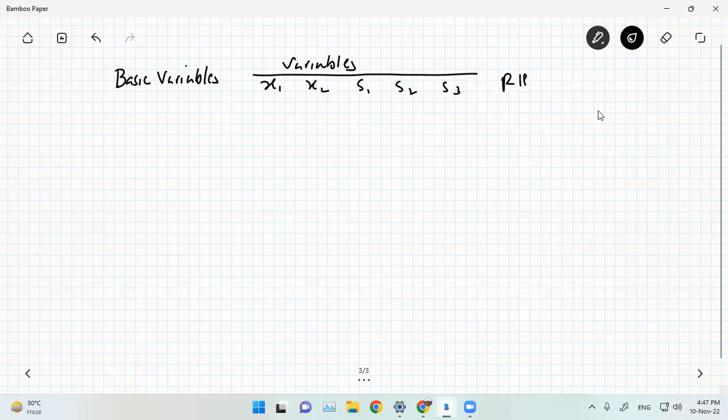Finally, the right-hand side value and the ratio, that is, the right-hand side with respect to the key column.